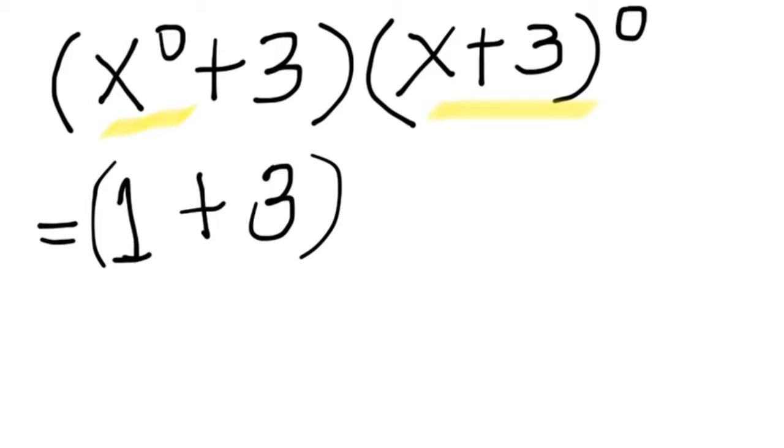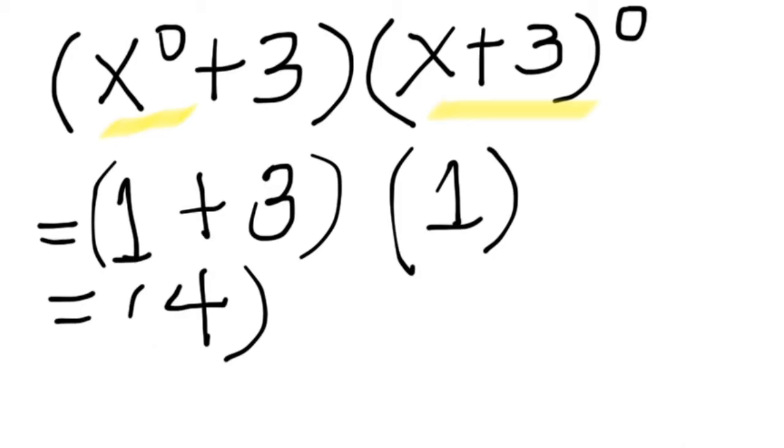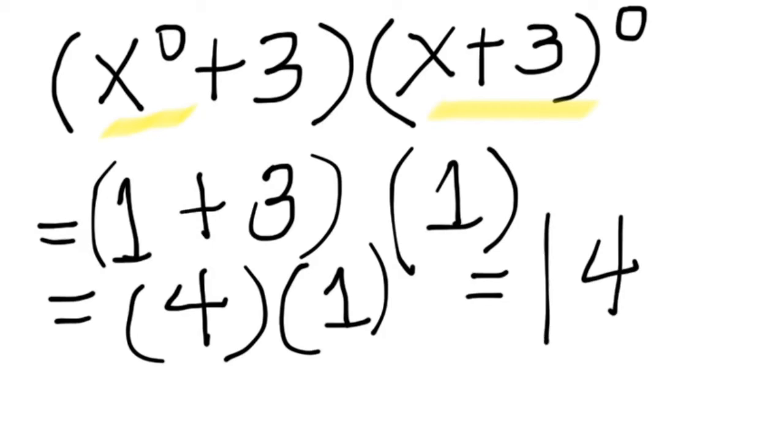So, obviously, magkasama sila sa parenthesis. So, we are just going to equivalent it into 1. So, we're going to have 1. And then, 1 plus 3. So, that is 4. Multiplied by 1. So, our answer is 4 times 1, we have 4.